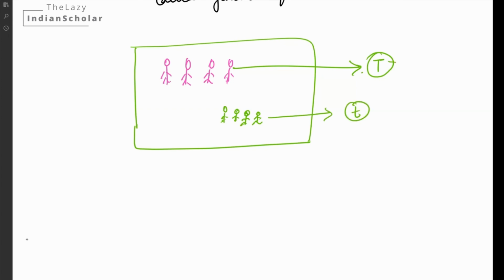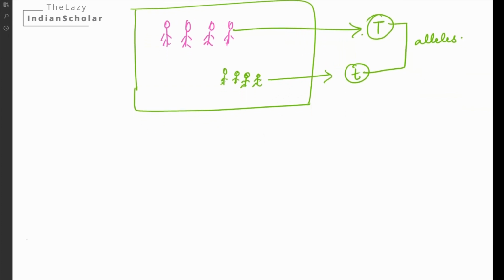These two are alleles. So in a population there are two types of alleles: the dominant allele, capital T, and the recessive allele, small t.